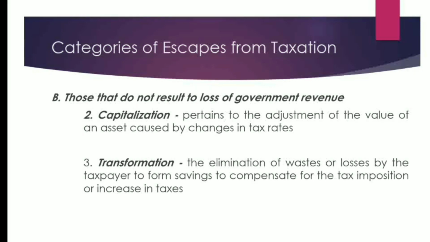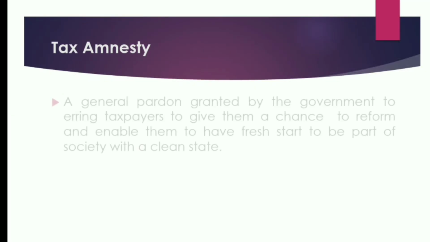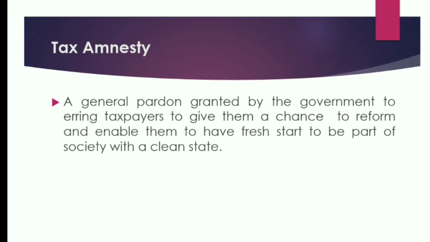Let's now move on to tax amnesty. Tax amnesty is a general pardon granted by the government to erring taxpayers to give them a chance to reform and enable them to have a fresh start to be part of society with a clean slate.